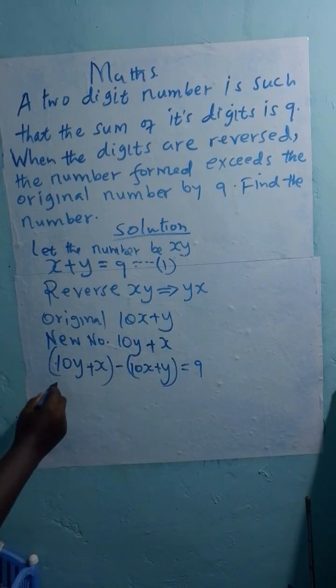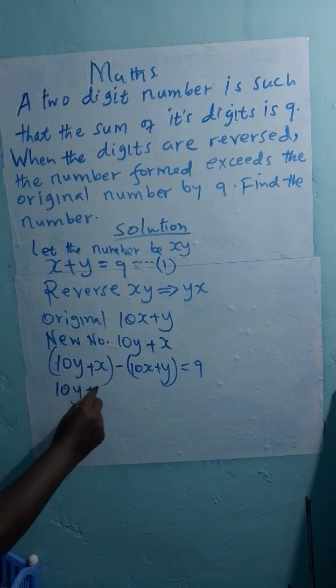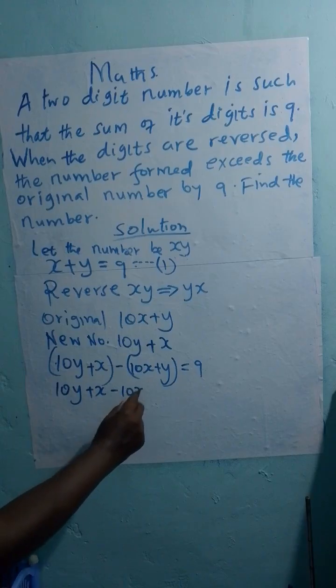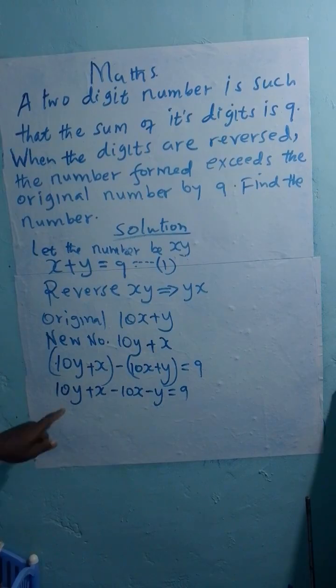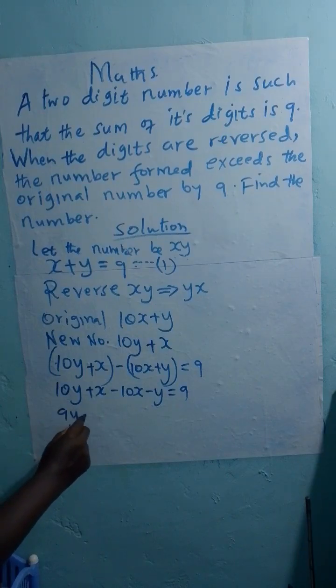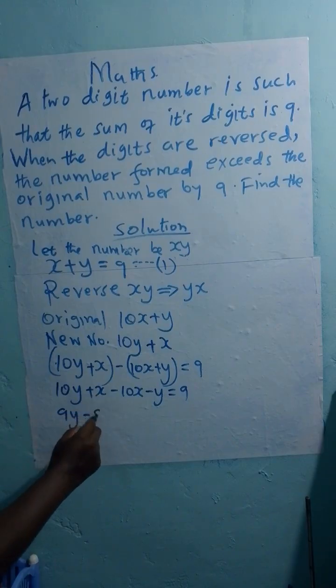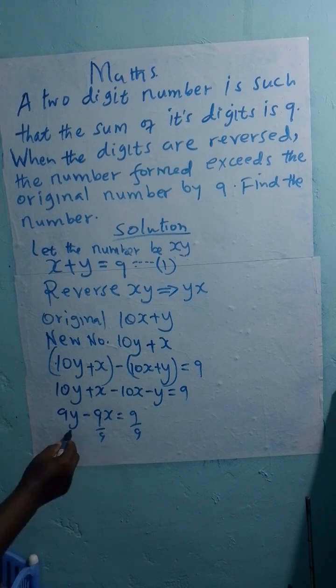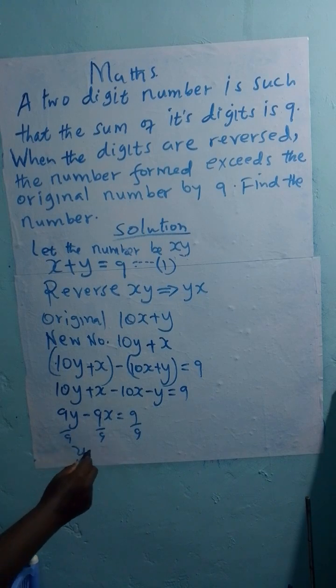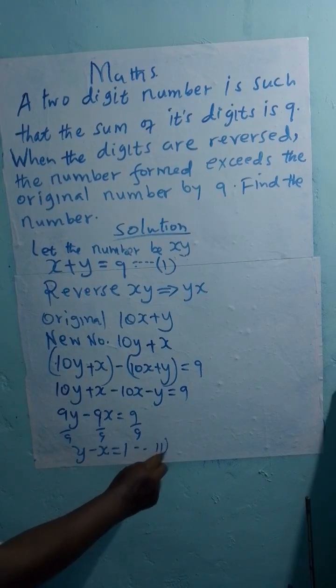Now, this is 10y plus x minus 10x minus y equal to 9. 10y minus y is 9y, x minus 10x will be negative 9x, equal to 9. Divide by 9 everywhere, both sides. Therefore, y minus x equal to 1. And this is our equation 2.